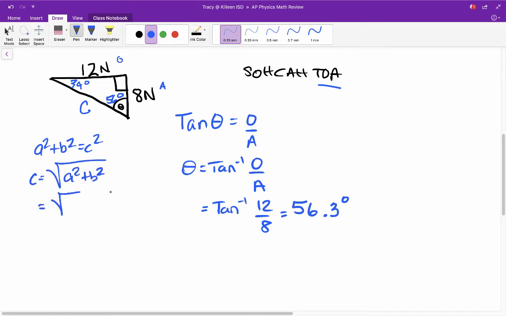It doesn't matter which one's a and b. So the square root of 12 squared plus 8 squared is equal to 14.4. And the unit here is newtons. It doesn't have to be a distance. So this is 14.4 newtons.